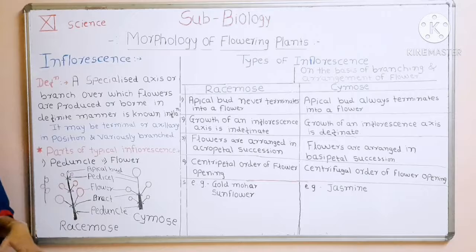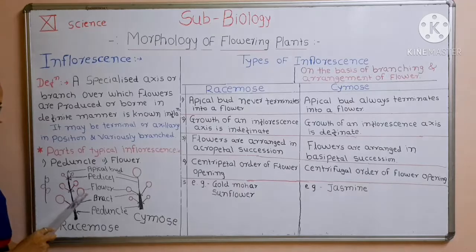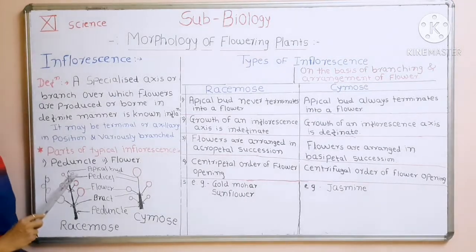Okay. Then the arrangement of the flowers. In racemose inflorescence, the flowers are arranged in acropetal succession. What is the meaning of acropetal succession? The older flower is present towards the base and the younger one towards the apex.